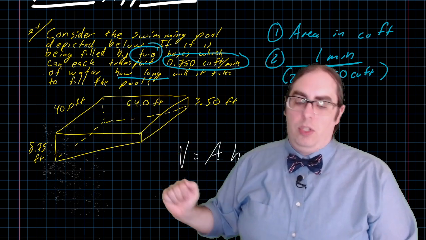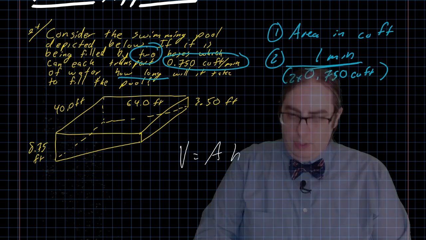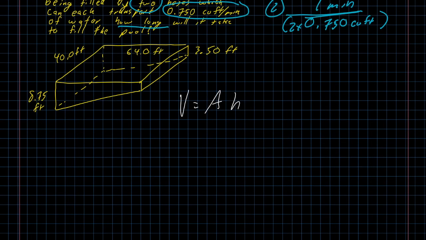And then I know that the trapezoids themselves, I can calculate their area. So if I draw just the trapezoid, that is the front face of this thing, I know I've got 8.75 feet here, I know I've got 3.50 feet here, and I've got 64.0 feet here. Well, the area is going to be the perpendicular distance.